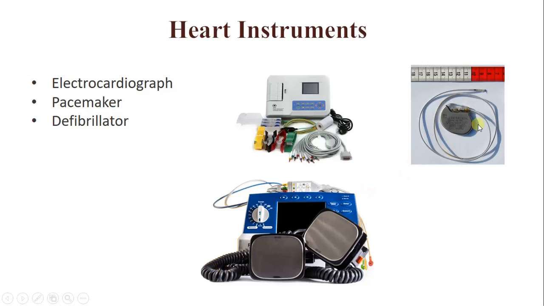These defibrillators and pacemakers, they are the same thing. If your heart is not working properly, to regulate its function, we use these two categories of instrument, that is pacemaker and defibrillator.